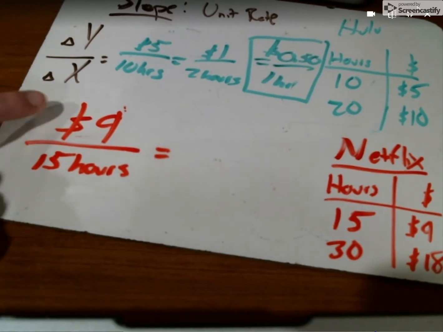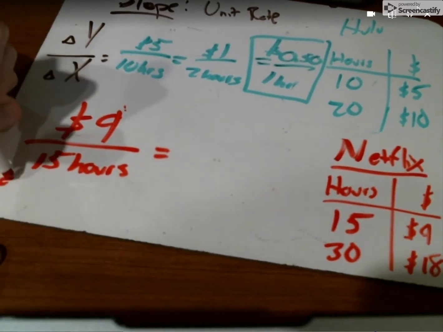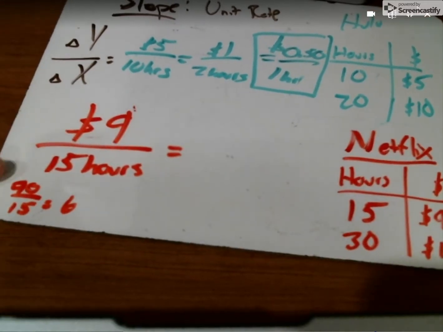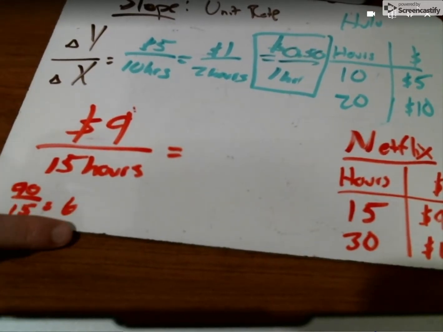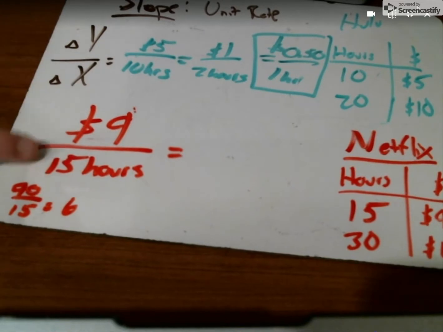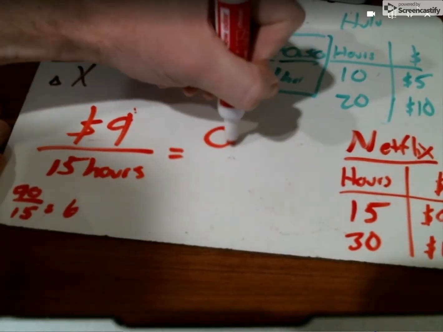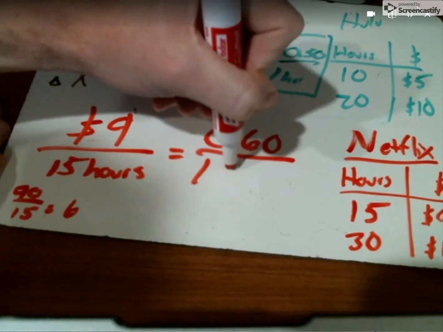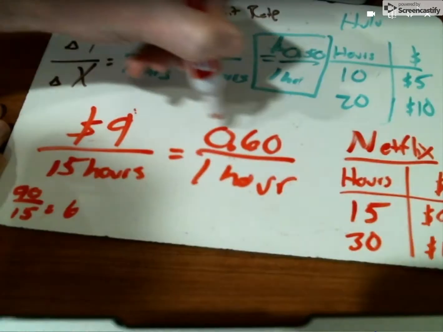You could use a calculator, or if you're already aware that 90 divided by 15 would be 6, then 9 divided by 15 would be less by a power of 10, or 0.6 for every 1 hour.